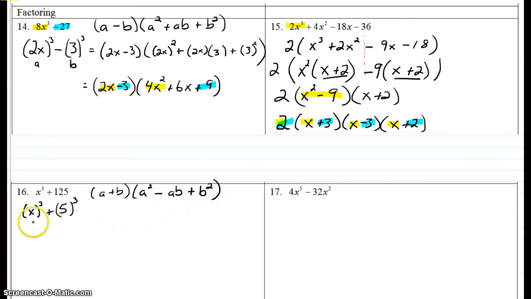And so this is going to be our A, this is going to be our B, and so this becomes x plus 5, x squared, and A is x, the B is 5.